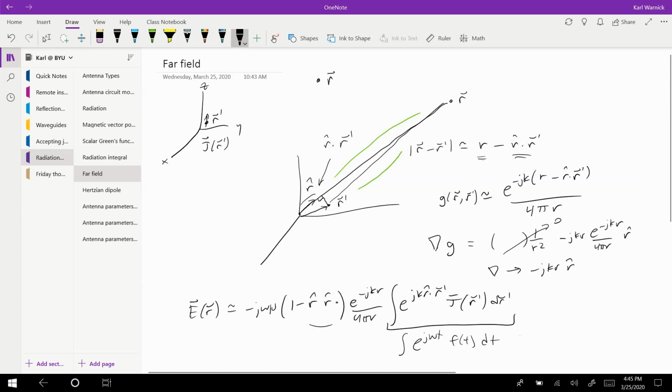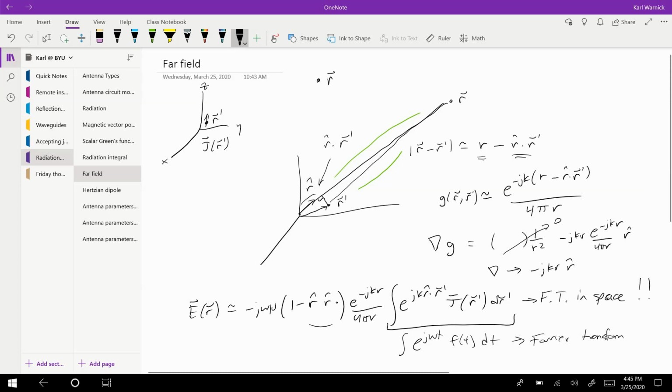What I have below is a Fourier transform in time. What we have above is a Fourier transform in space. And that is a very important idea in antenna theory.